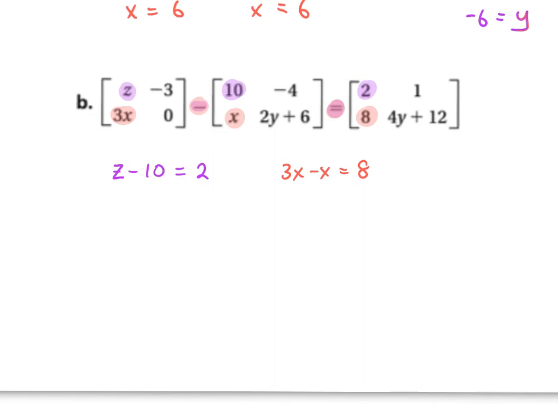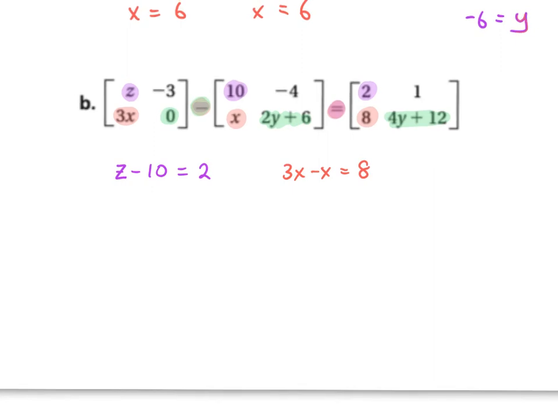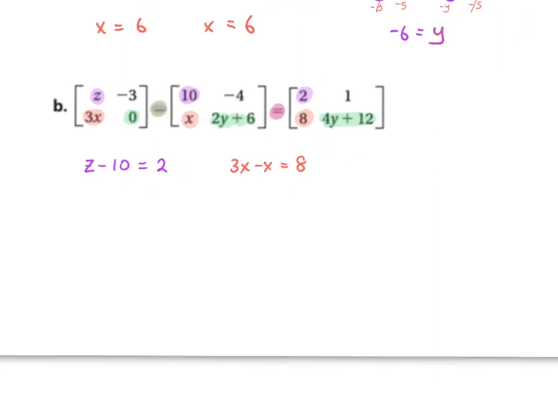And lastly, here's my y, my corresponding, so it's 0 minus (2y plus 6) is equal to 4y plus 12. The parentheses are there because that whole thing has to be subtracted.